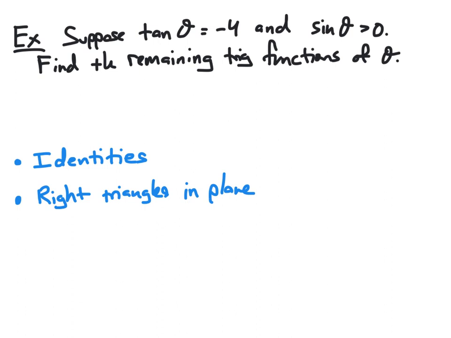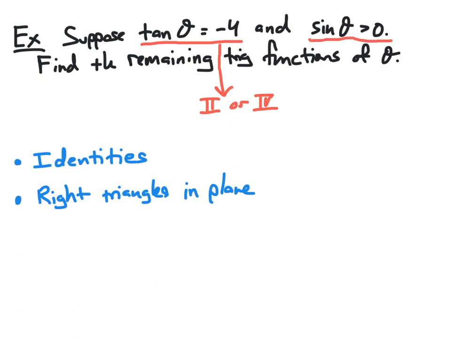We can figure that out from the given information. So we're told here that the tangent of theta is -4. In particular, that is a negative number. And so we know that tangent is negative in quadrants 2 or 4. Tangent is positive in quadrants 1 and 3, and so because tangent is negative, we know that we cannot be in quadrants 1 or 3.